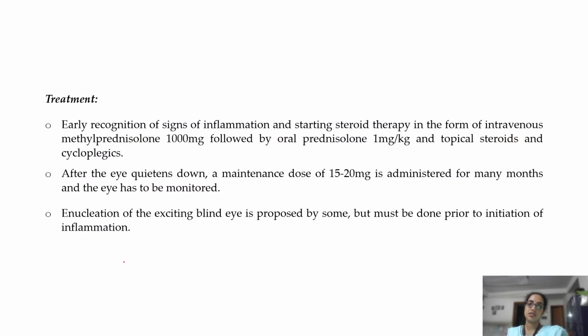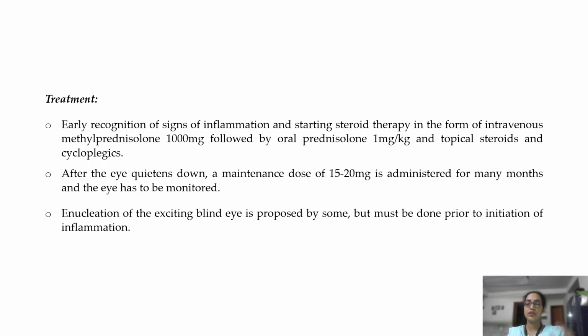So the treatment is hit it hard with a high dose of steroid, usually 1 gram IVMP, followed by oral prednisolone for many days. Okay, as the eye quietens down, you maintain a maintenance dose for many months and you keep monitoring the eye. Okay, at this stage, if you enucleate the blind eye, there is no point. That was a belief that was there previously.